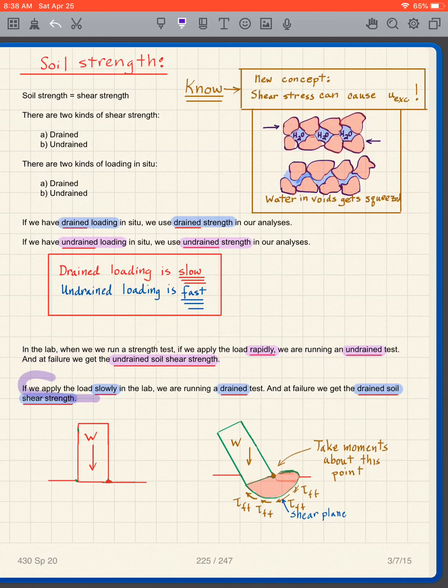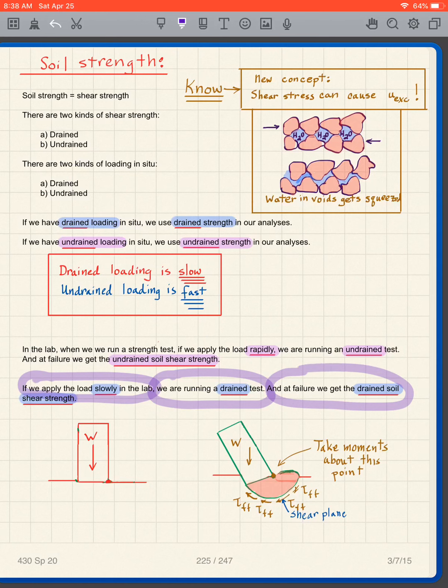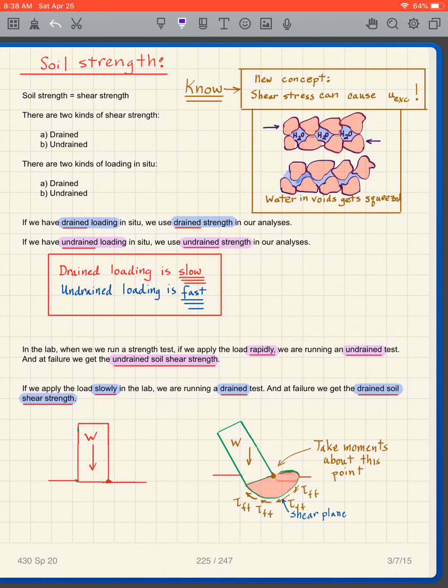If we apply the load slowly in the lab, we're running a drained test, and at failure, we get the drained soil shear strength. So, in other words, we do this in the lab as well as in the field. We can load this soil rapidly, or we could load it slowly.